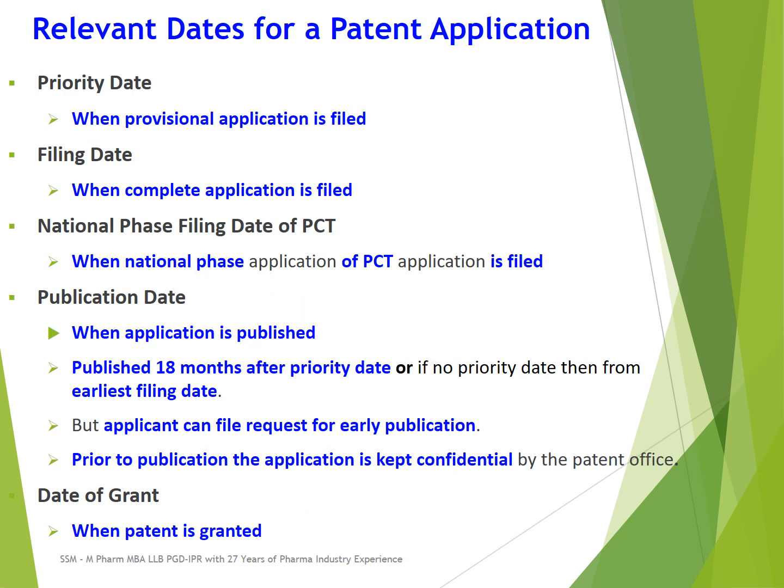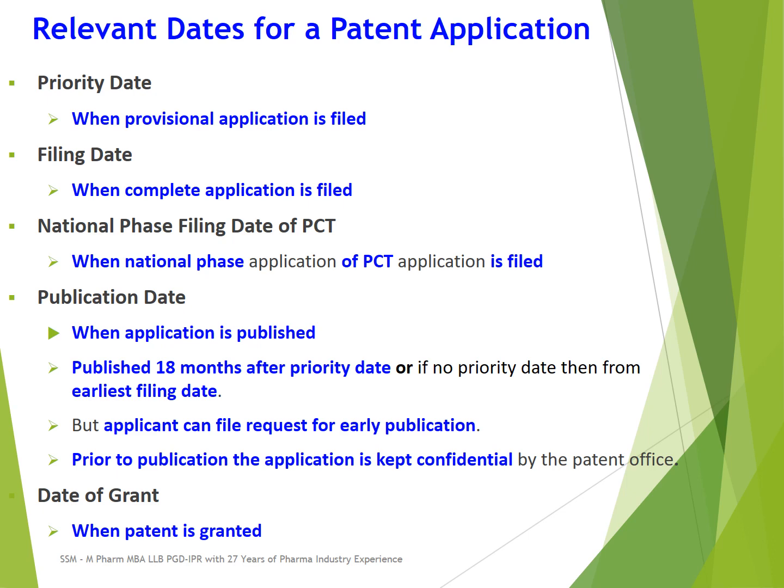Now, the relevant dates for patent applications. First is the priority date. It is the date when you file the provisional application. Next is the filing date. When you file the complete application, that will be the filing date.